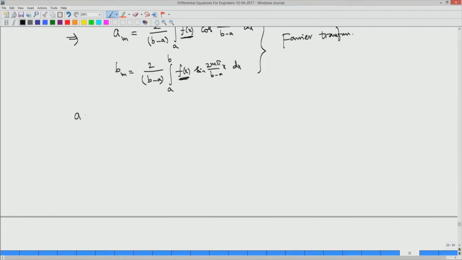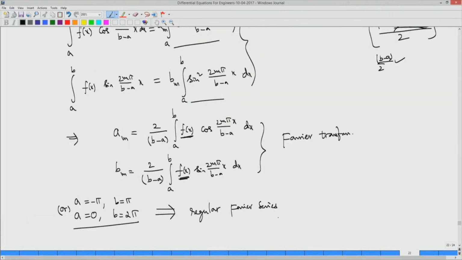What you might see is a equal to 0, b equal to 2 pi, a regular Fourier series, what you see in the textbooks. Or sometimes some others may write a equal to minus pi, b equal to pi. By taking this, what you get is the regular Fourier series of time period 2 pi.